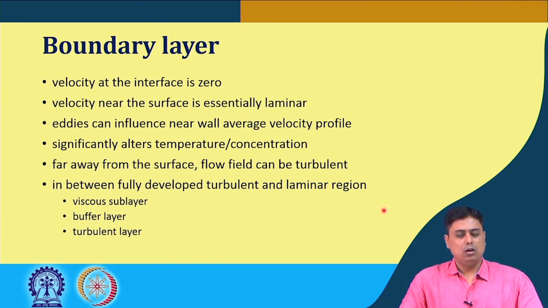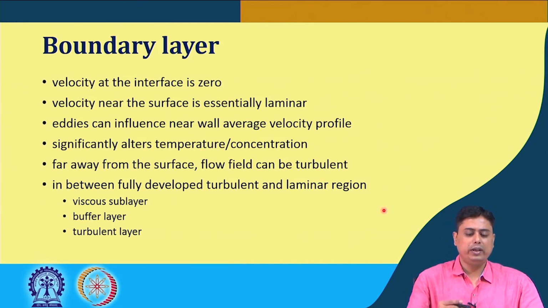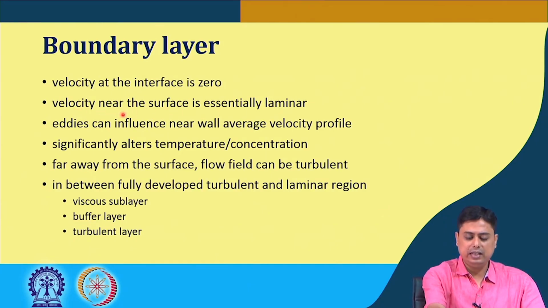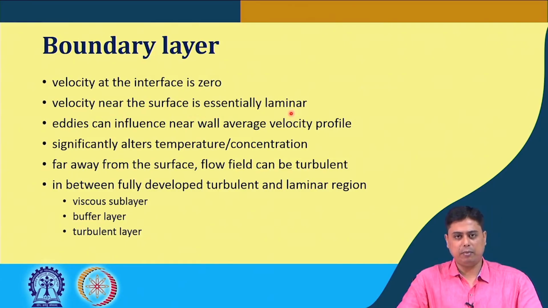So, the point I am trying to make here is that although we consider the near surface velocity to be laminar, sometimes small eddies or currents can happen there, and then some local velocity profile change can be observed.